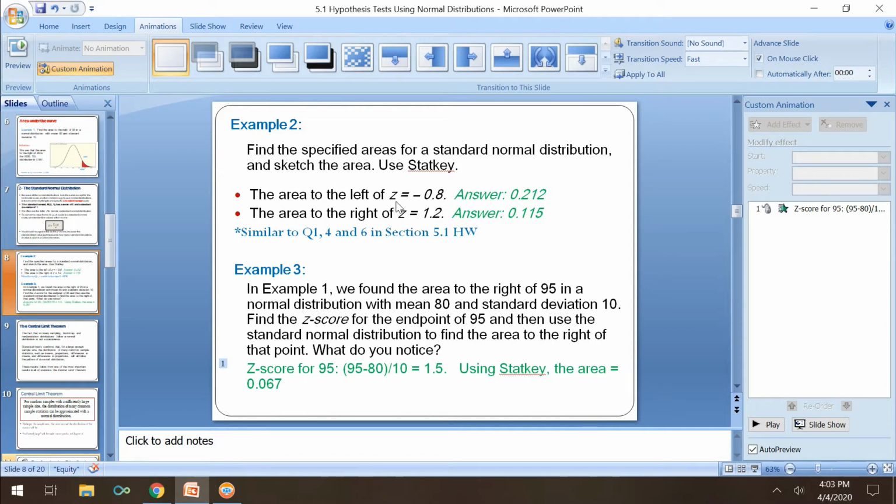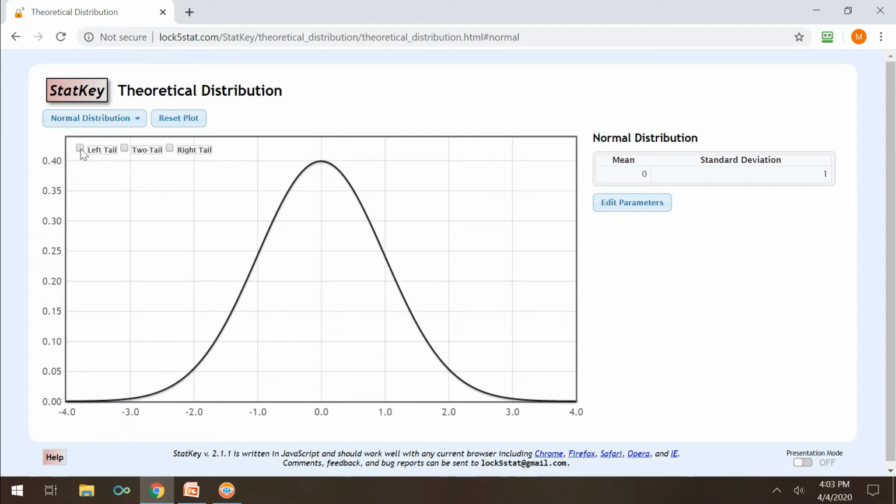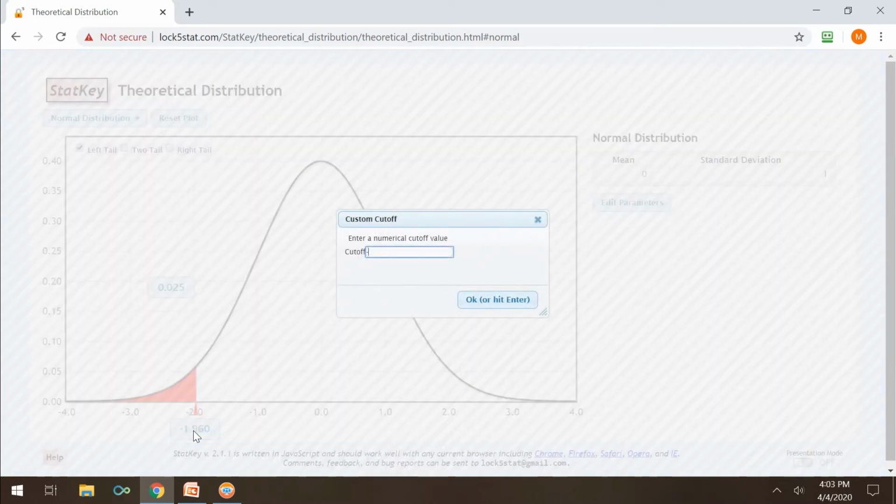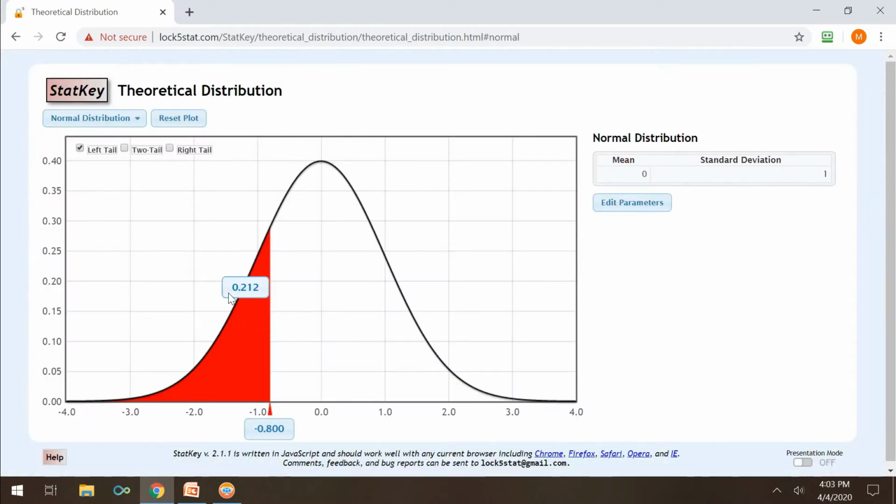So I have z equals negative 0.8, and they need me to find the area to the left of that. So you'll do the same thing. To the left, the cutoff is negative 0.8. And the area will be 0.212.